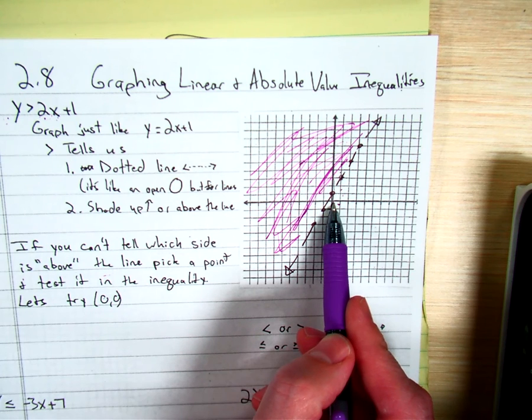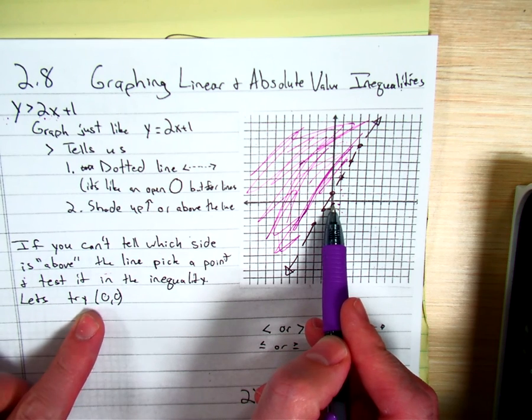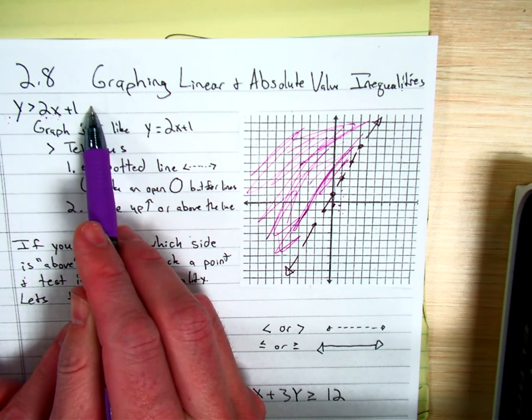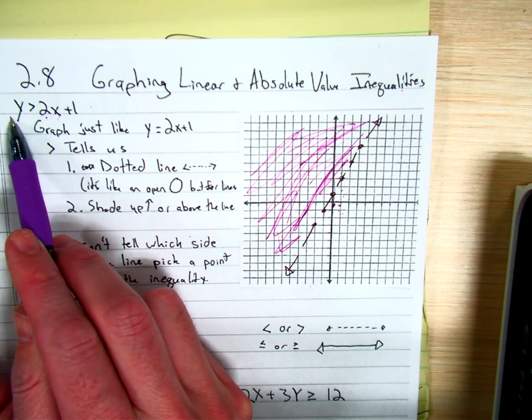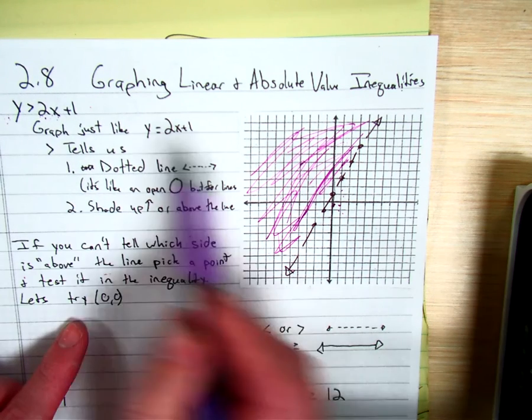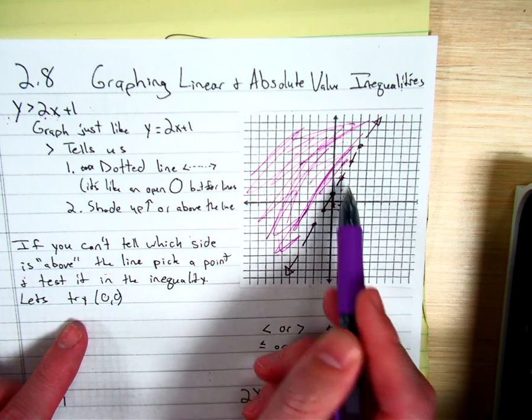It's barely on this bottom side, but it's okay to use to test it. So I put 0, 0 in here. 2 times 0 is 0, plus 1 is 1, and 0 in for y as well. Is 0 bigger than 0 plus 1? No, that's not true, so don't shade this side, shade the other side.